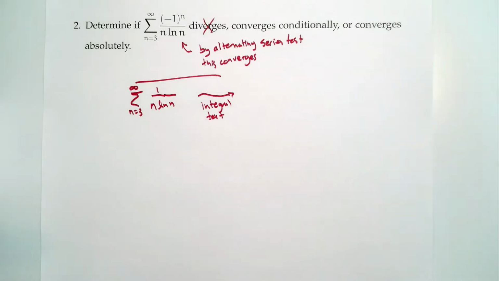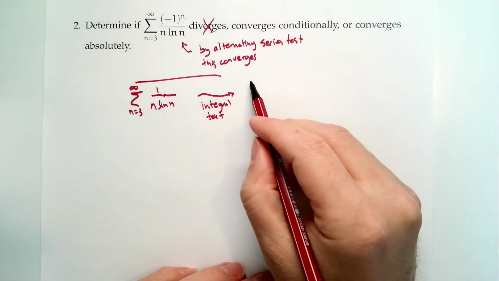If you do the root test, you'll see the limit is 1, inconclusive. With the comparison test, we'd like to compare it to 1 over n, but it compares in the wrong way, and unfortunately there's not a good comparison to make with that log n. So let's try the integral test.